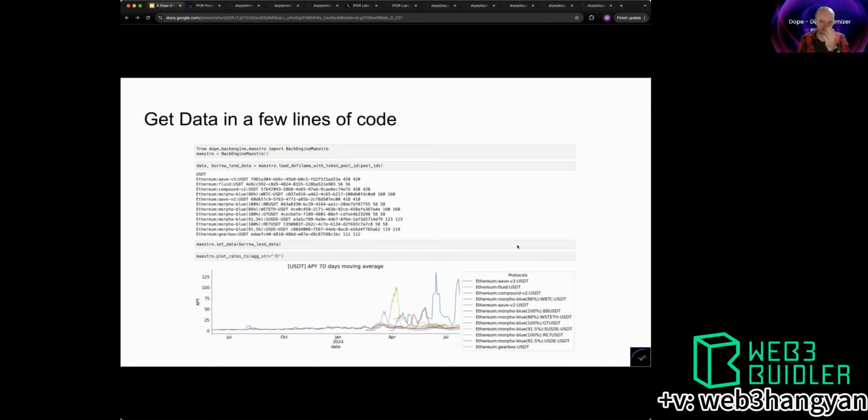I'm going to go through some of the code and give you some hints and inspiration on how to start if you want to play around. Dope is meant to remove all the math that I just went through out of the way, so you can focus on, okay, I have an idea, how do I get it done? First, you just enter a couple of lines of code and you have data, and it's already plotted there.